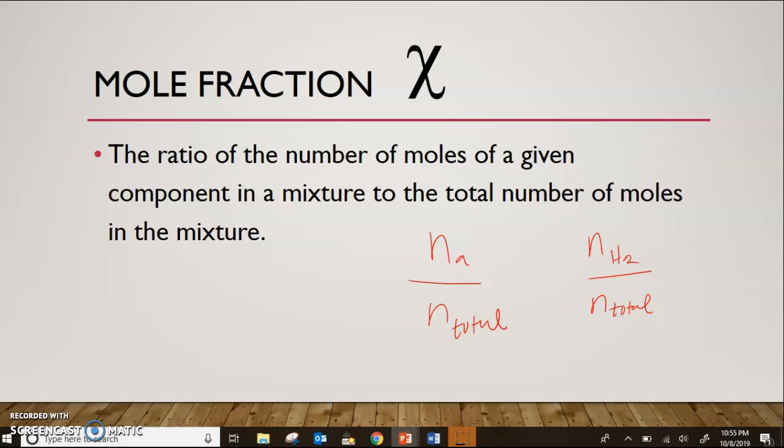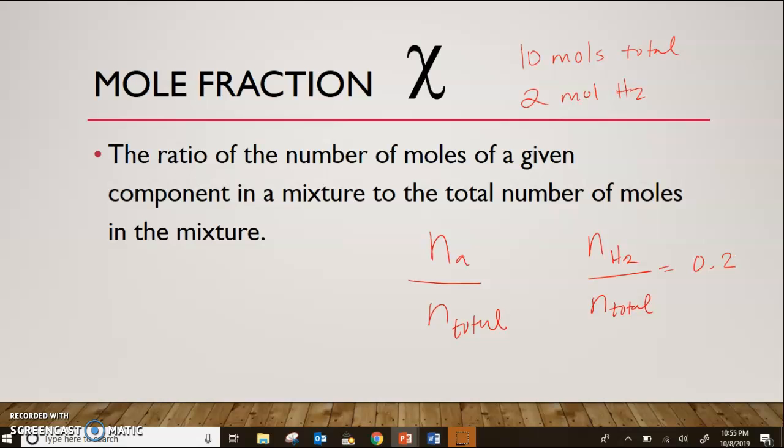Okay, so not hard, don't make it complicated. If I know that I have 10 moles total, and I have 2 moles of H2, then my mole fraction here is 0.2.